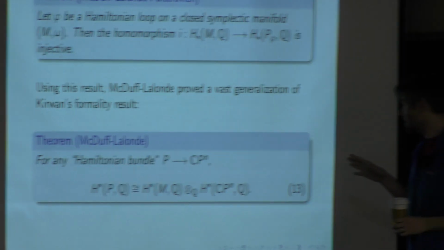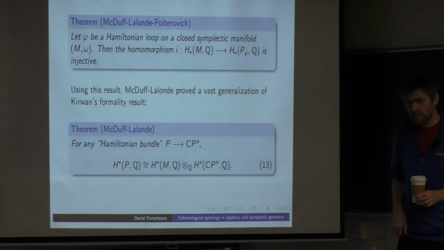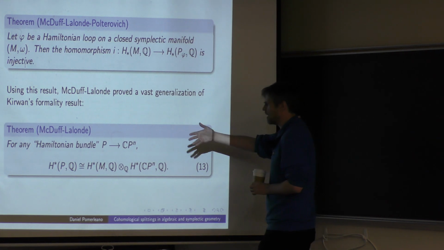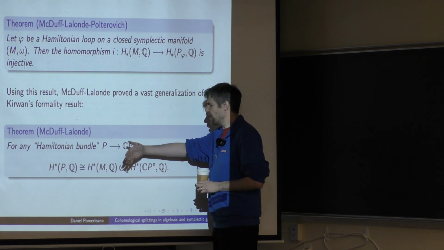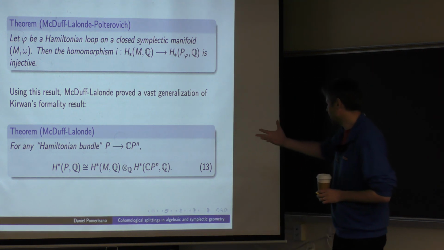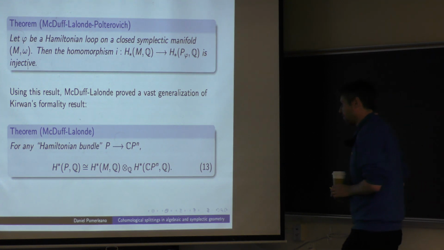Then McDuff and Lalonde, who was a student here, generalized this to any bundle whose structure group is Hamiltonian over any projective space, CPN. They proved this kind of formality.